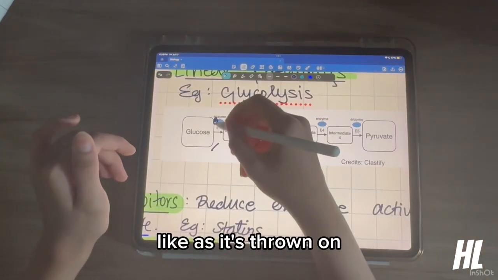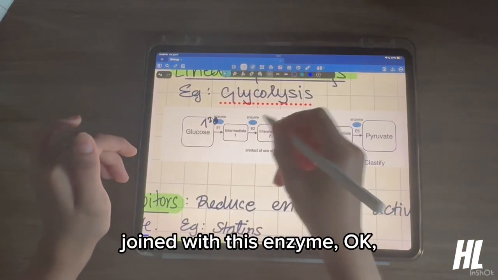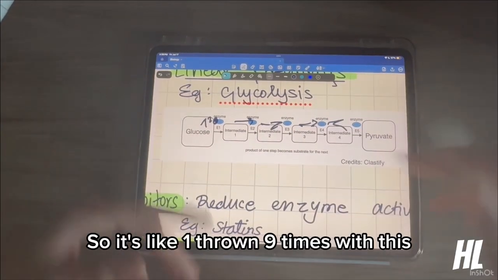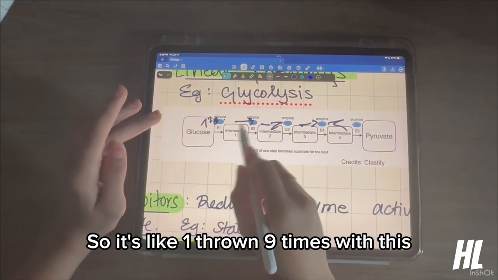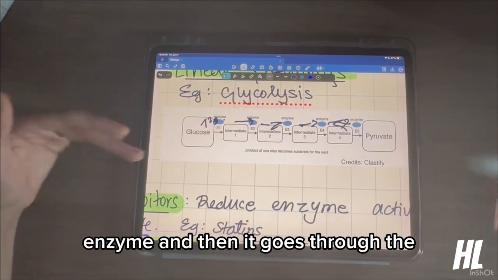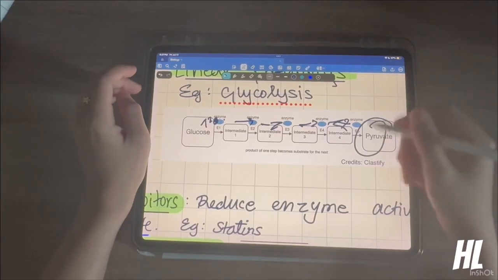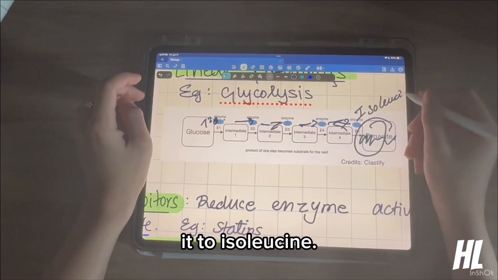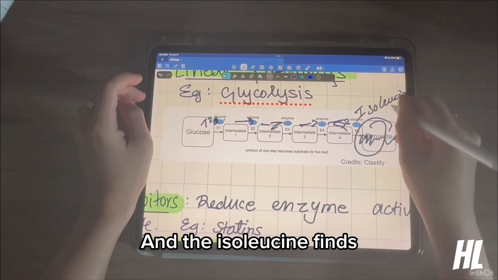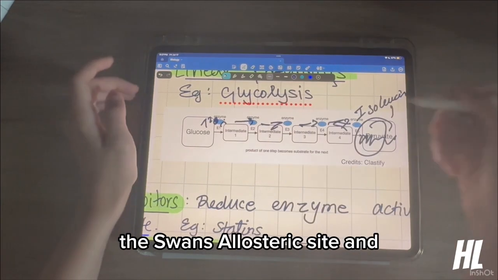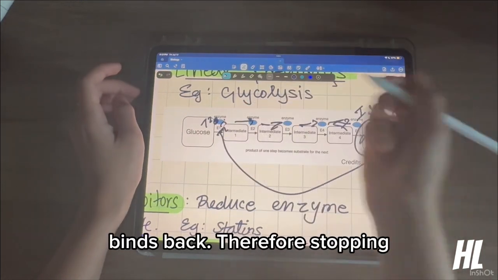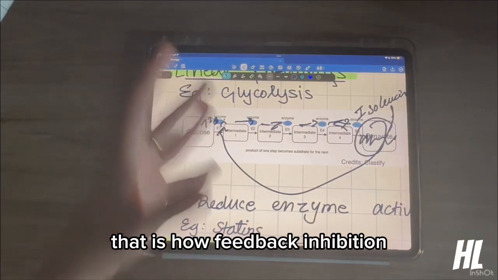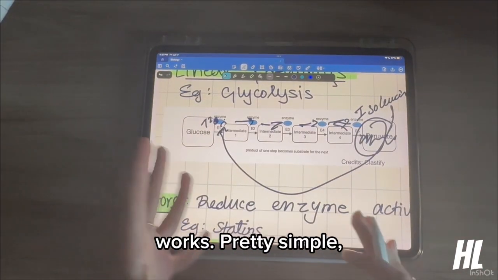So when threonine combines with this enzyme, it goes through the process, and at the end it changes to isoleucine, and the isoleucine finds this enzyme's allosteric site and binds back, therefore stopping the production of isoleucine. And that is how feedback inhibition works.